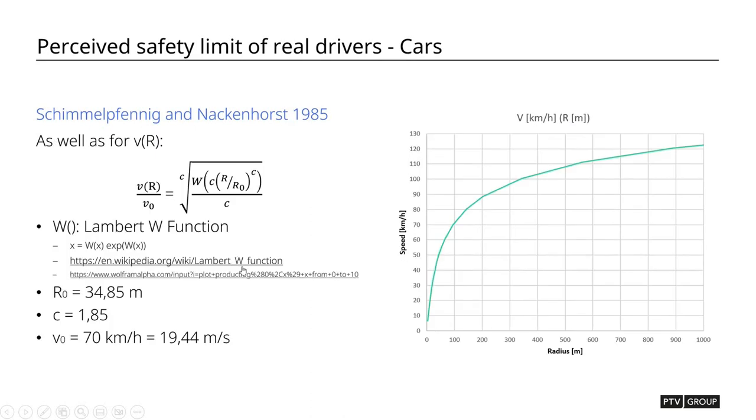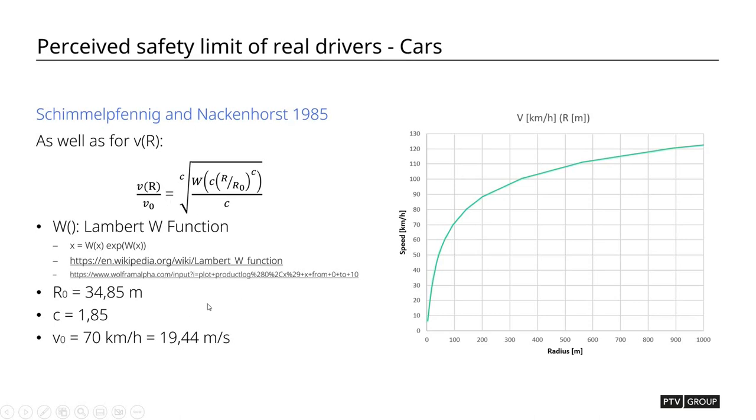It is also possible to rewrite that in our preferred form, namely speed depending on radius, but it looks a bit awkward, including the Lambert W function, which is essentially the logarithm, but not of the normal e to x, but x times e to x. And that's a bit difficult to work with, because you need to search where you find a system which computes that.